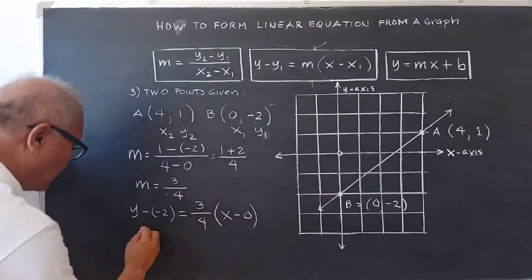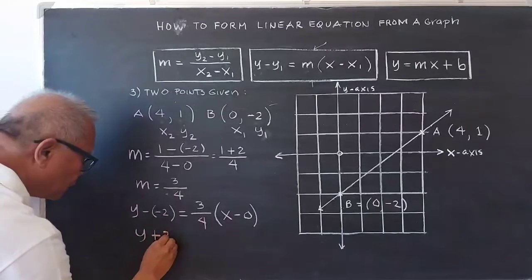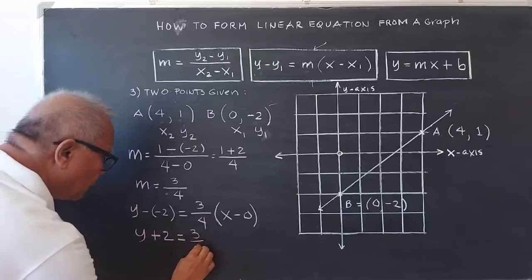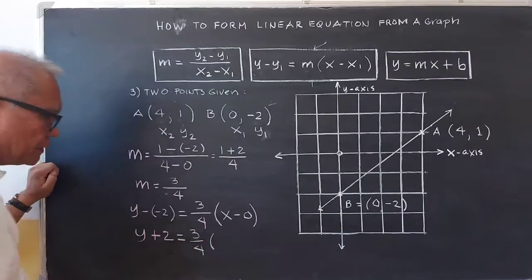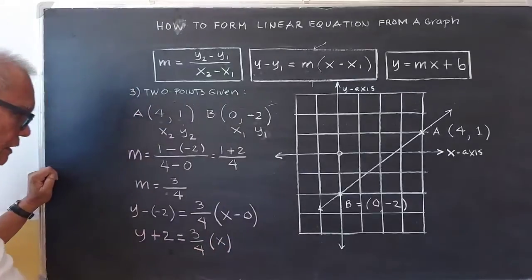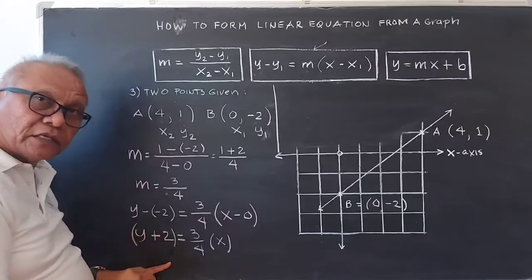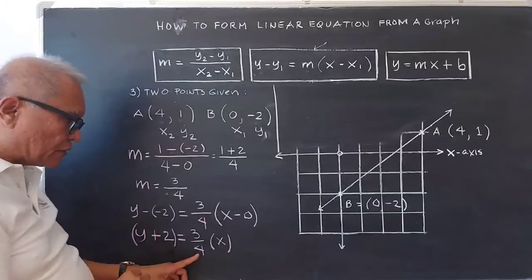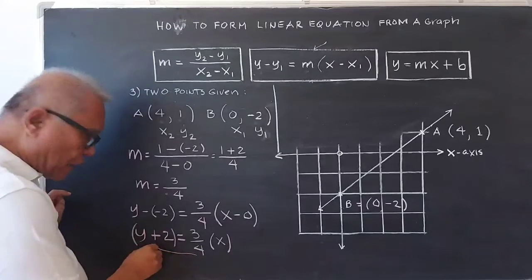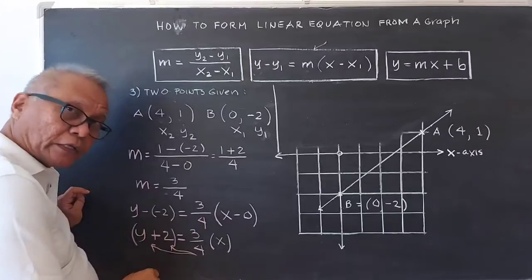So here we have y, negative times negative is positive 2, and then we have 3/4 times x only. X minus 0 is x. So this one, let's put the parenthesis here because we will multiply this one by 4. So 4 will multiply to y. After the y, the 4 will multiply to the 2 here.